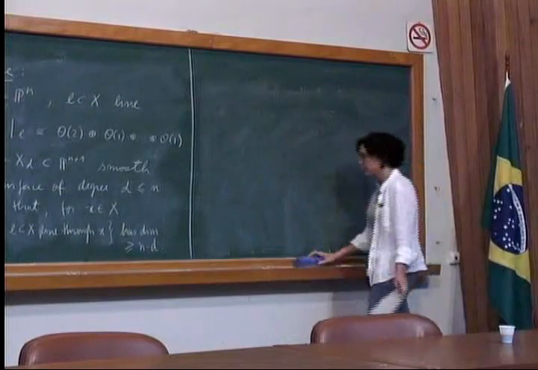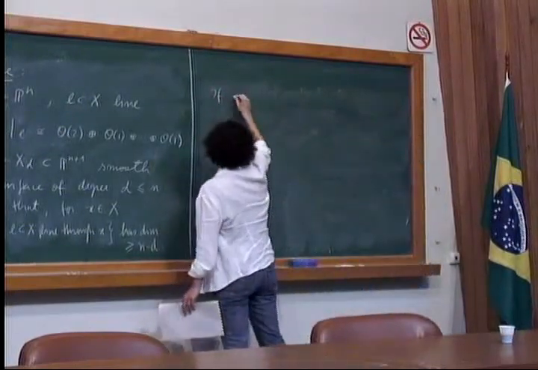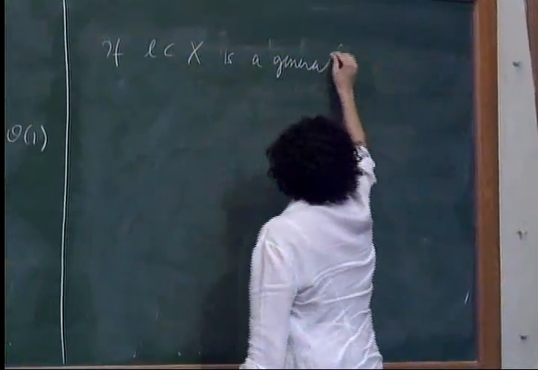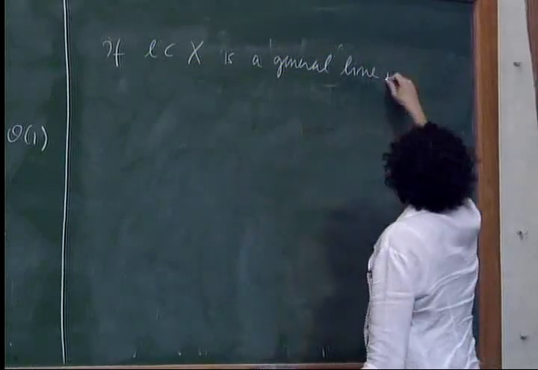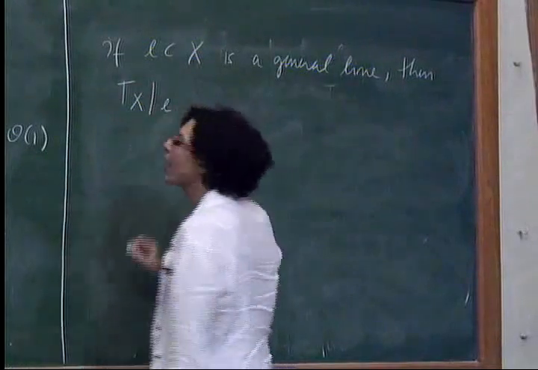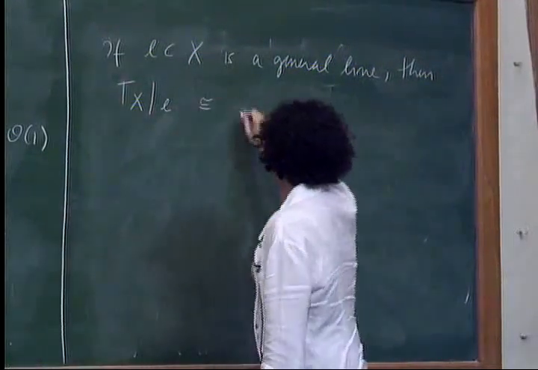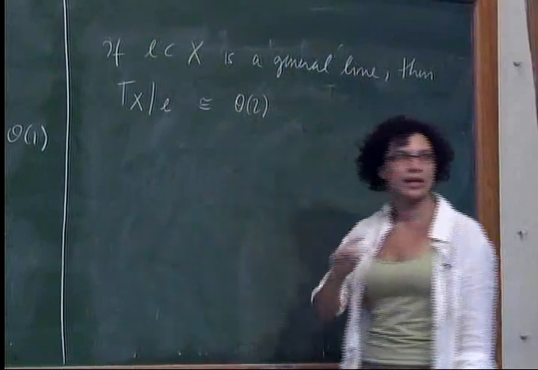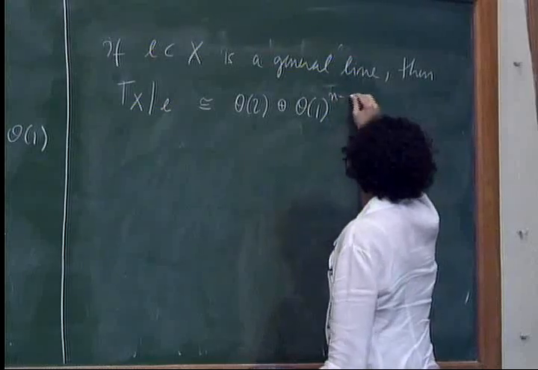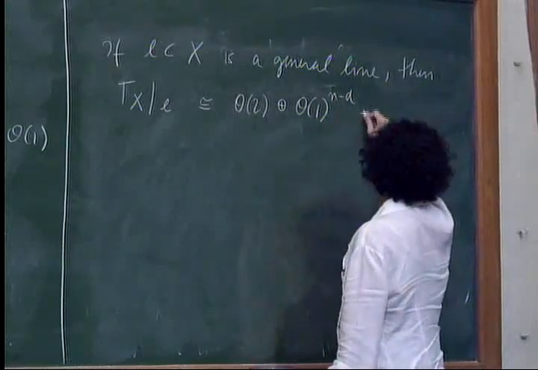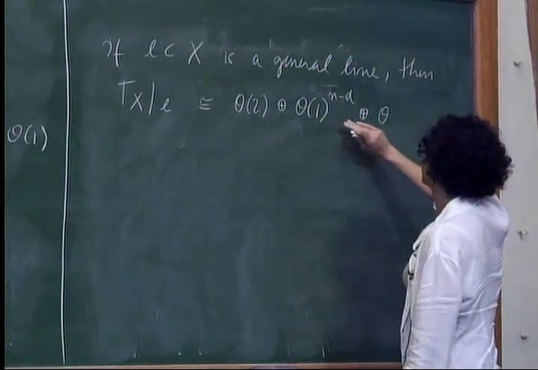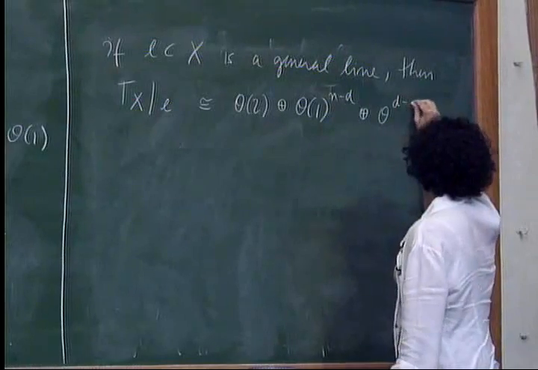And for a general line L in X, the restriction of the tangent bundle of X to L will be, well, there will be this O(2), which is again the tangent direction to the line. Then we have n minus d copies of O(1), and then d minus 1 copies of O.